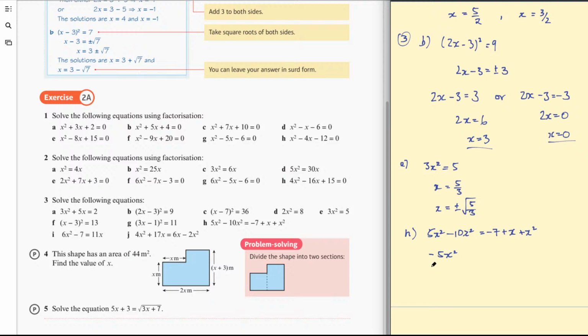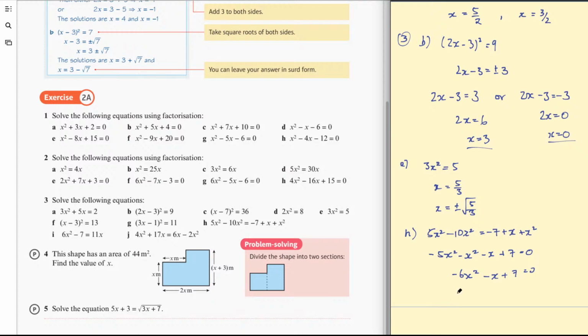We're essentially doing 5 take 10. Bring everything over to the left hand side. So we also have a negative x squared because I'm subtracting that from the left. And we have a negative x and a positive 7, and this will equal 0. Then we can simplify further. Negative 5 take 1 essentially is negative 6x squared. Take x plus 7 equals 0.